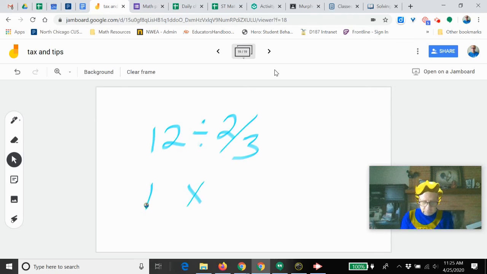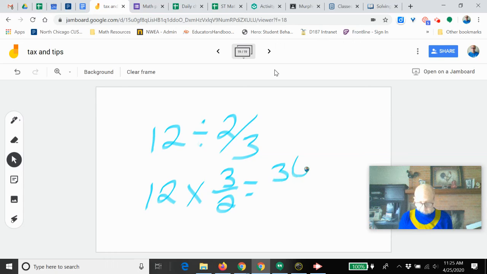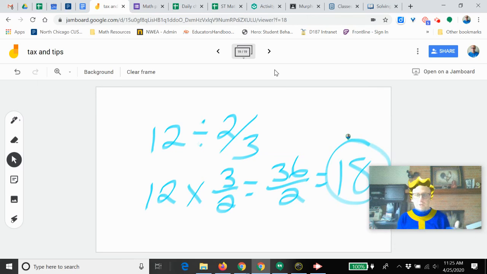So 12 times the inverse of 2/3, which is 3/2. Then I do that multiplication thing, which is multiply by the top and divide by the bottom, or divide by the bottom and multiply by the top, whichever is easier. So 12 times 3 is 36. 36 divided by 2 is 18. Much easier to do it that way.